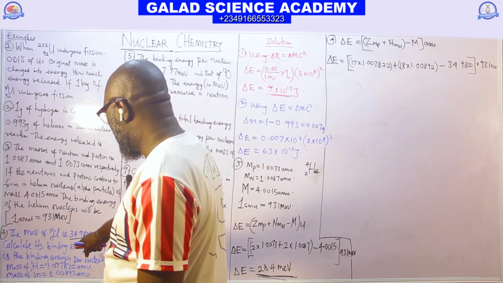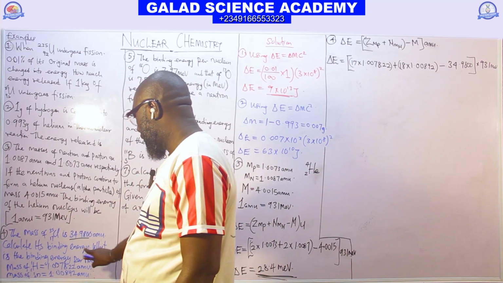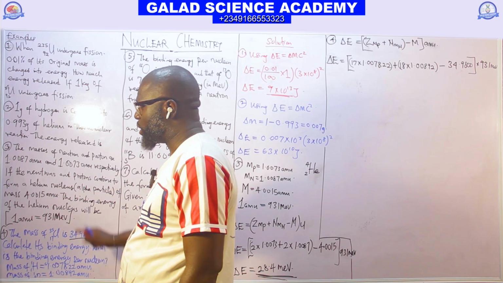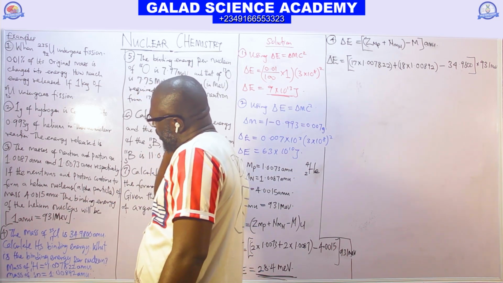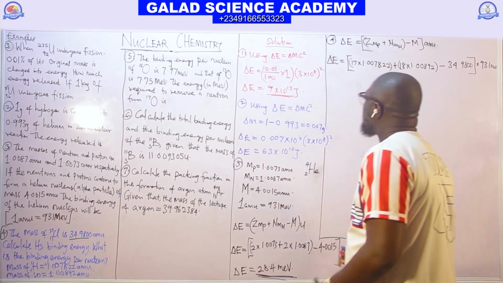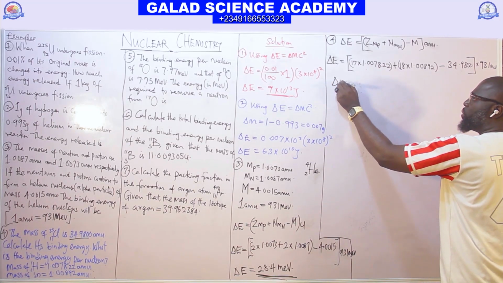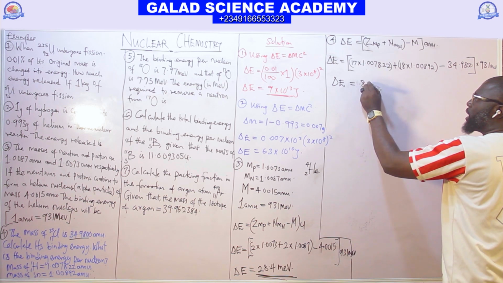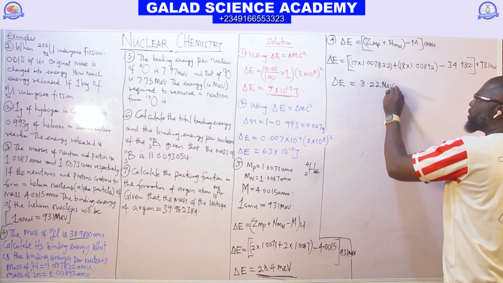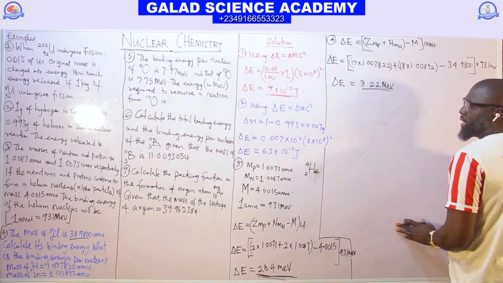So calculate the binding energy, and what is the binding energy per nucleon? Here the binding energy will give us 8.22 MeV. That's the binding energy.